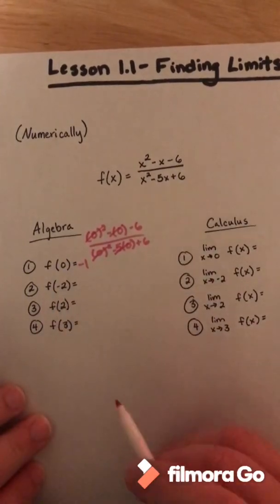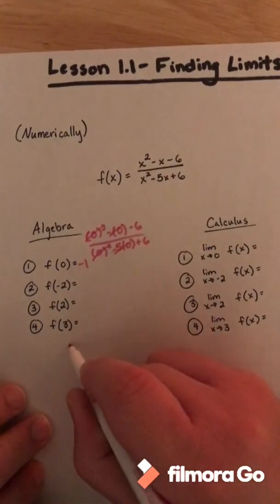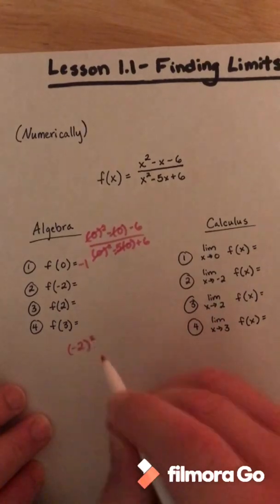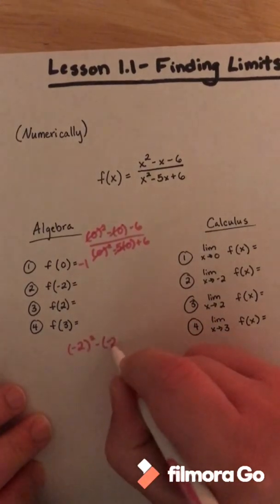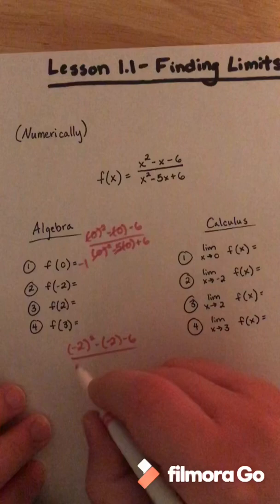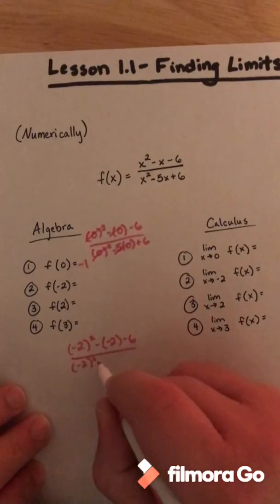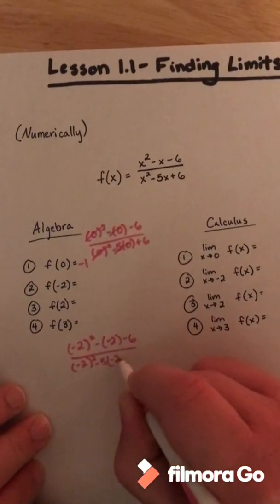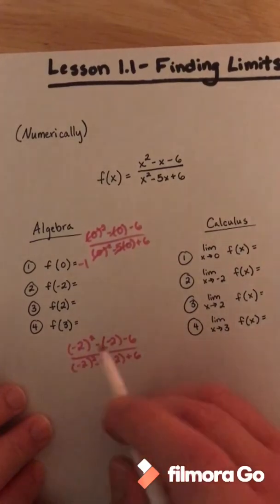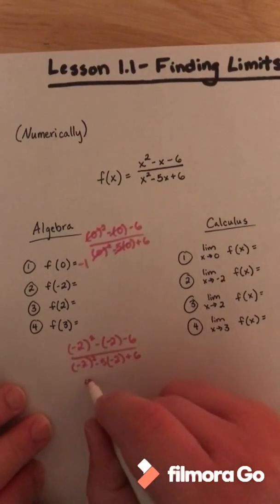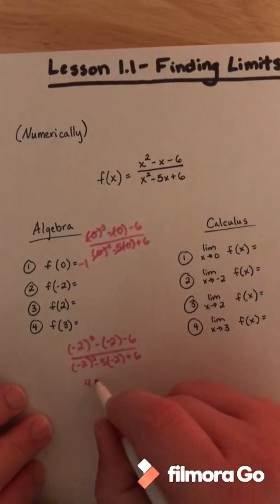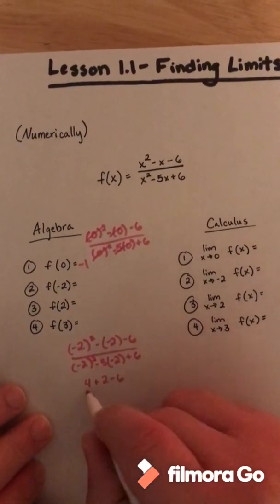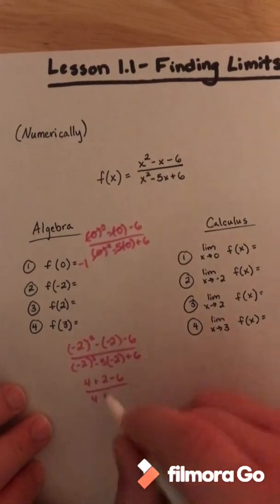So f of negative 2. I'm going to plug in negative 2 and see what happens. So I'm going to do it down here. Negative 2 squared minus negative 2 minus 6 over negative 2 squared minus 5 times negative 2 plus 6. On the top, we've got negative 2 squared, which is positive 4, minus negative 2 turns into a positive 2, minus 6. Over negative 2 squared is positive 4 again.